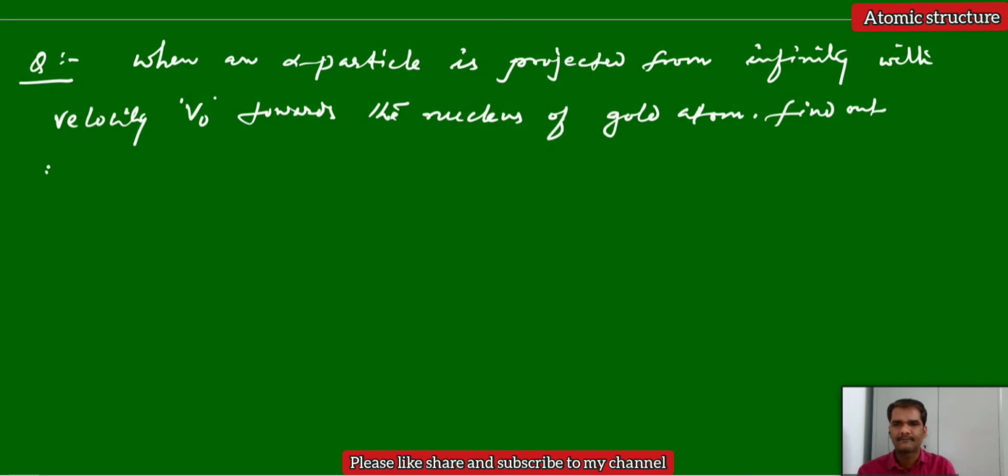First one, the distance of closest approach, here it is R naught.